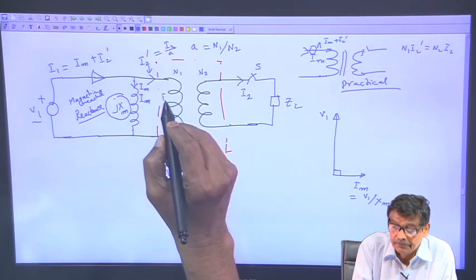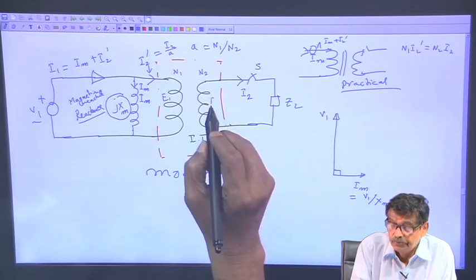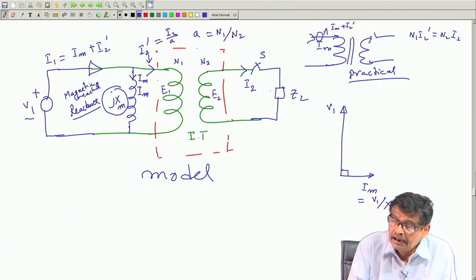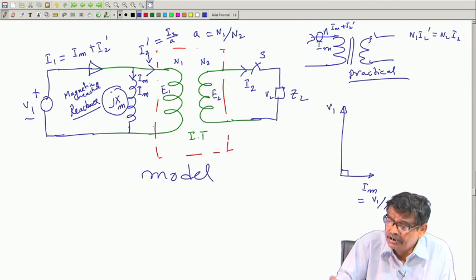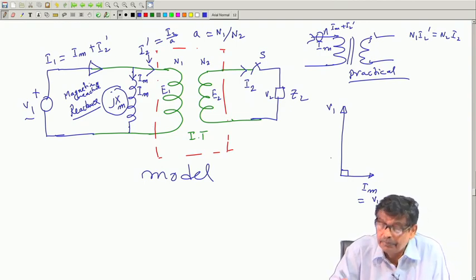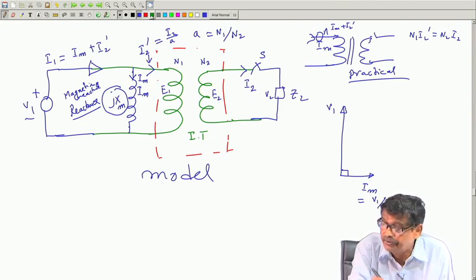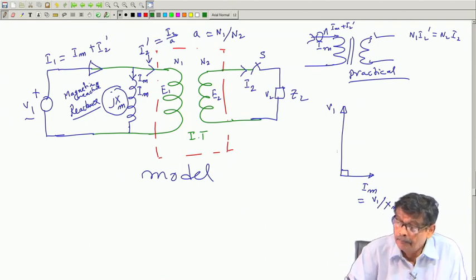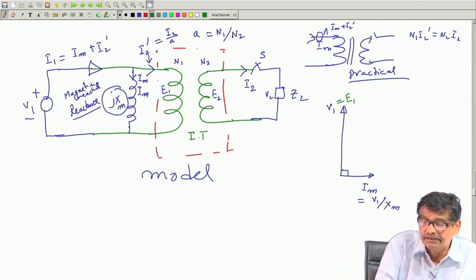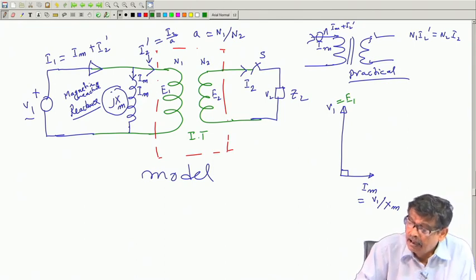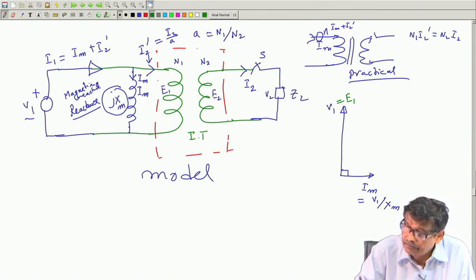So this is E 1, this is E 2 and this is V 2. V 2, E 2 etcetera, they are all same. Depending upon the turns ratio, this V 1 is nothing but E 1, that still remains, nothing in between.